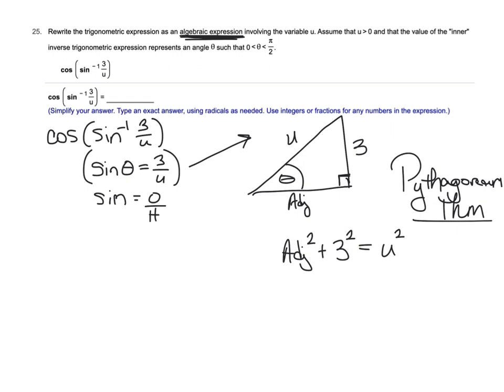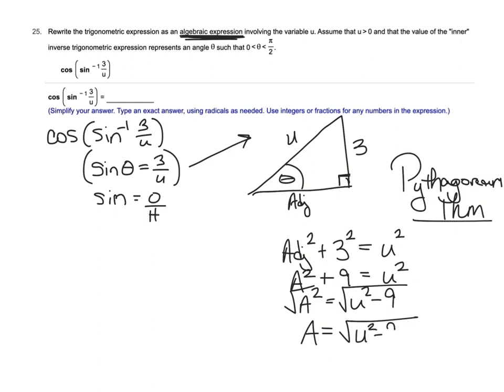We don't know what u is, but we're just putting it in algebraic terms. 3 squared is 9. Finally, we can square root. Once again, we're talking about the length of a side, so we don't need the minus. We just need the positive value. So a equals square root of u squared minus 9. That is my adjacent. That's not the final answer.